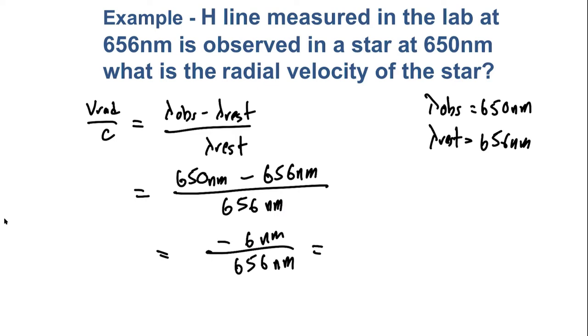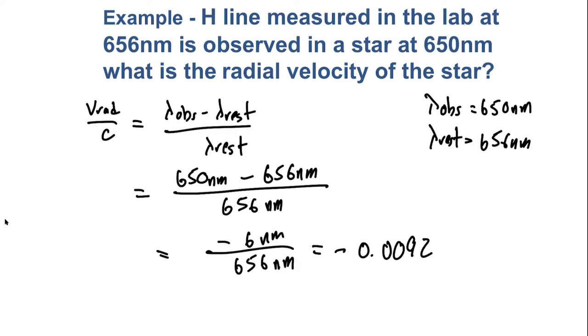Divide negative 6 by 656, and you get negative 0.0092 or so. Now, what are the units on this number? You're dividing nanometers by nanometers, so they actually go away. This is a unitless number, right?